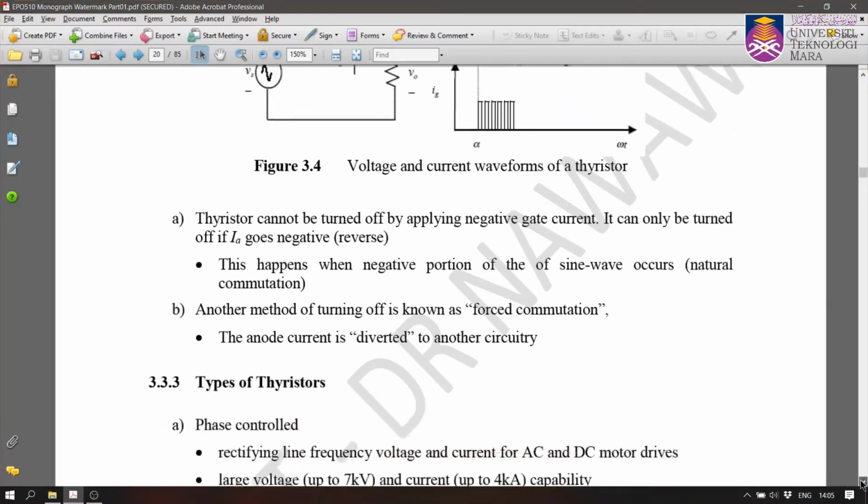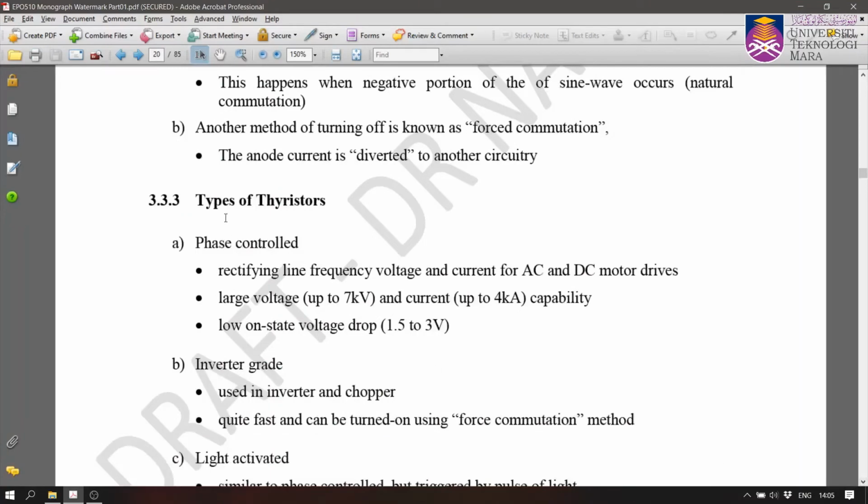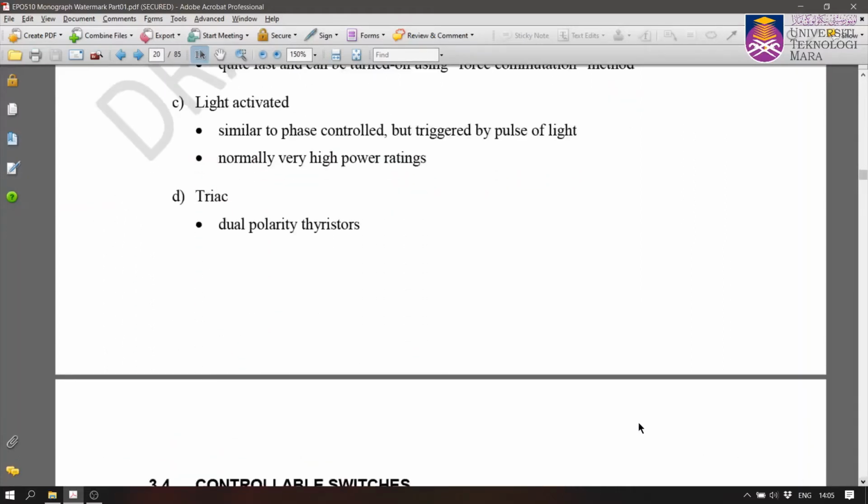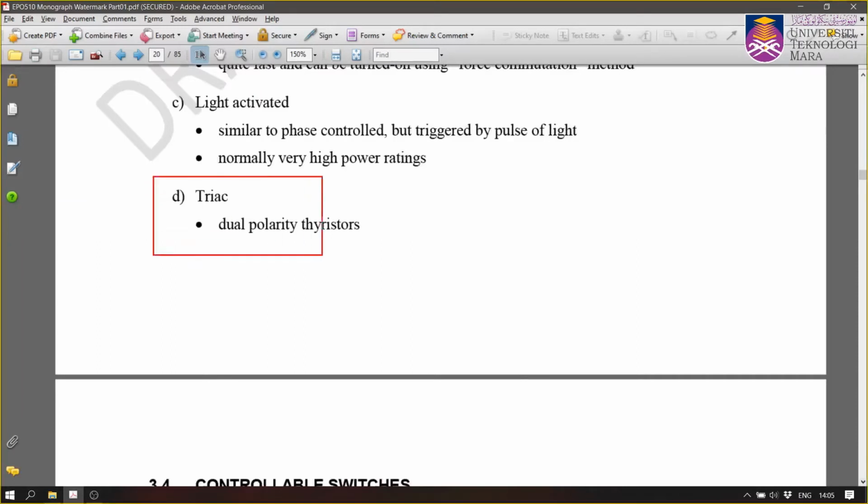Types of thyristor: we have phase control, inverter grade, and light activated thyristors. And also we have the triac. The triac actually combines two thyristors connected back to back.